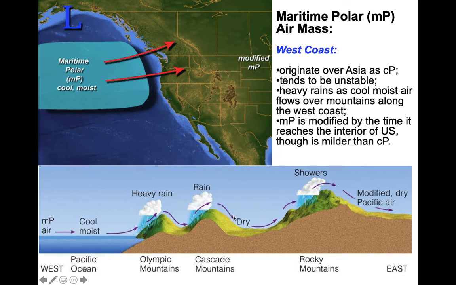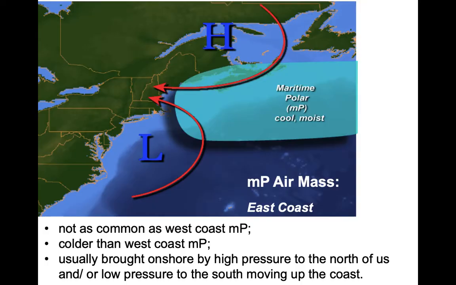And then it sinks again because it's cold and dry, and keeps going to the east, and by the time it reaches the Rocky Mountains, it causes some more precipitation on the west side of the Rocky Mountains, and after rising over the Rocky Mountains one more time, it is now cool and dry and sinks, forming that cold air coming towards the Midwestern states.